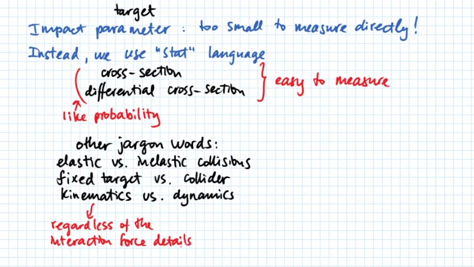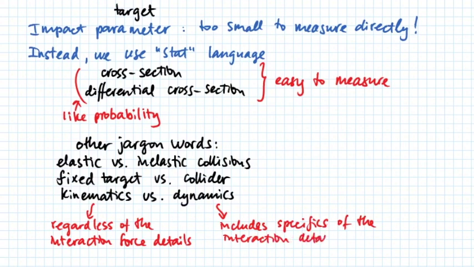In other words, you use momentum conservation and energy conservation. In dynamics of collisions, you include specific interaction details, which will lead to the expression of cross-section.